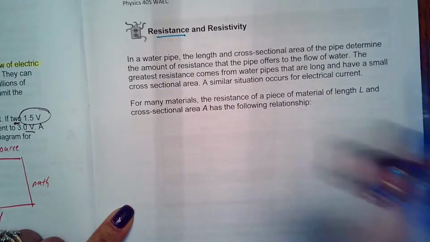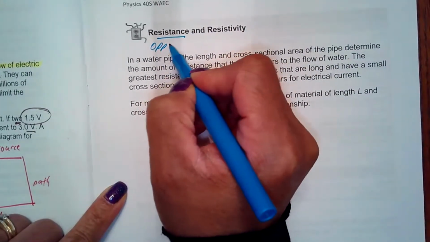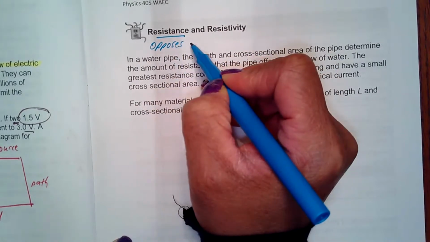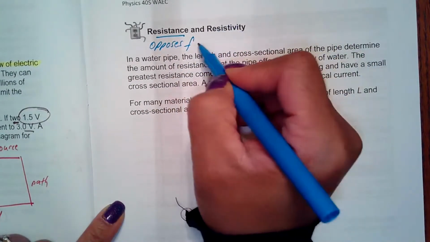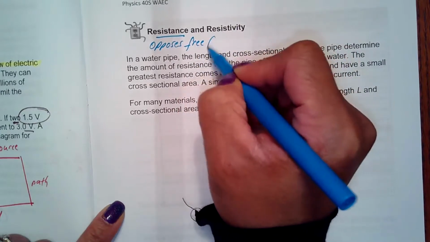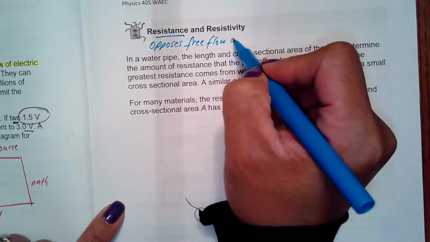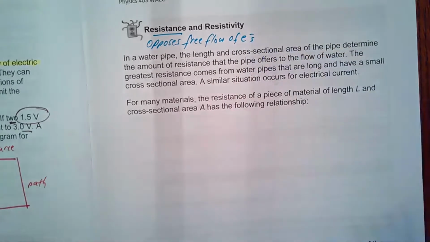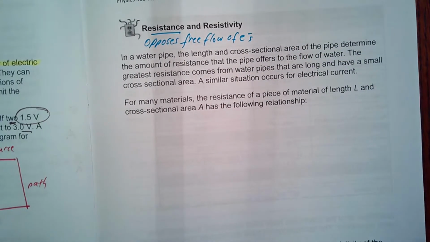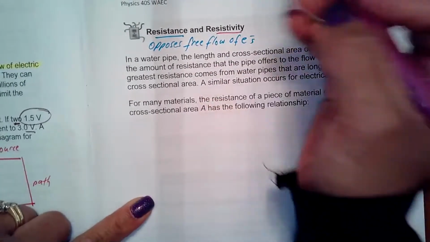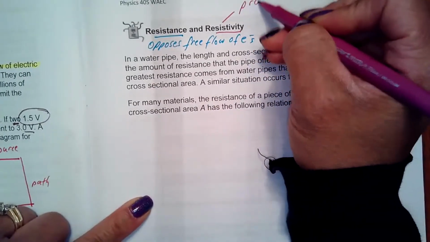Resistance opposes the free flow of electrons. And resistivity is actually a property of material.